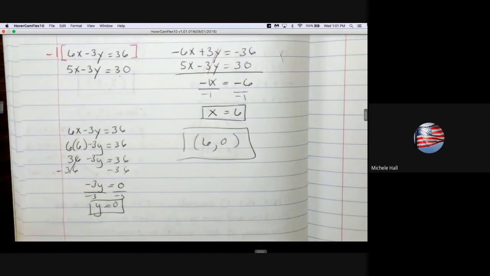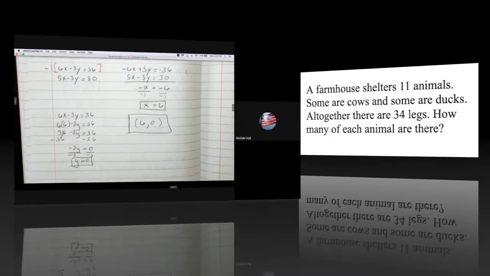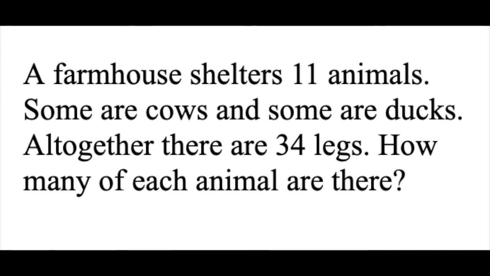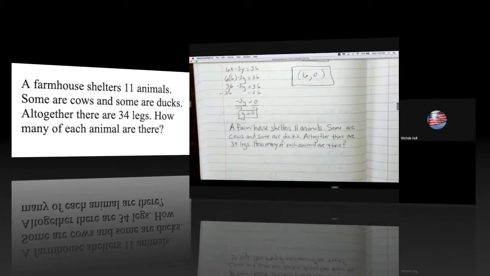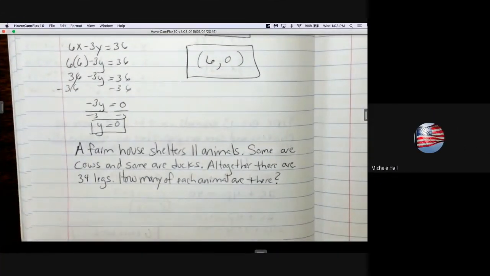If you're unsure of whether or not 0 is really a solution, you should check your answer. One more example. A farmhouse shelters 11 animals. Some are cows, some are ducks. Altogether, there are 34 legs. How many of each animal are there?